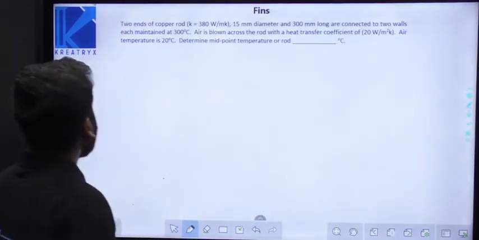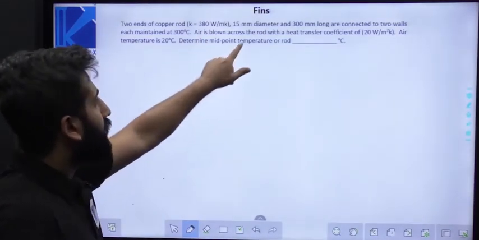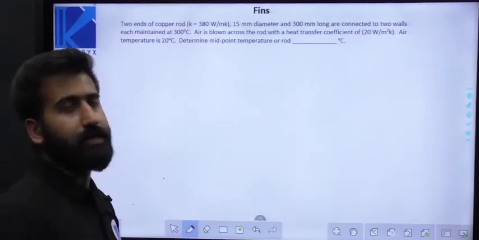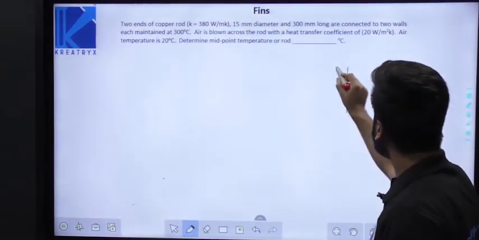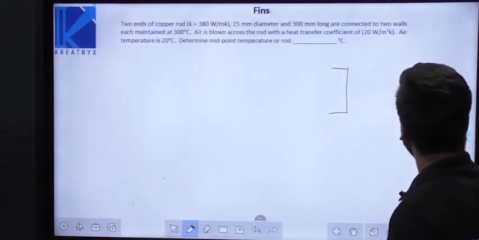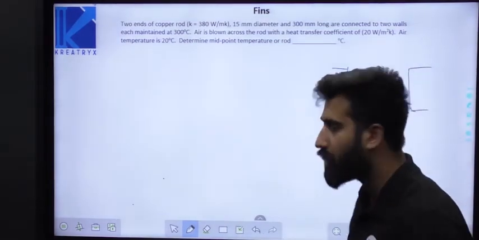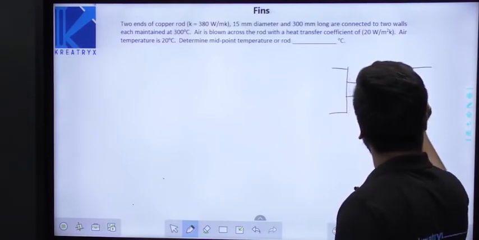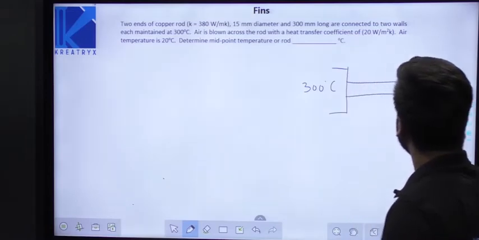So two ends of a copper rod, K is given, diameter is given, and length is given, are connected to two walls, each maintained at 300 degrees Celsius. Draw the schematic diagram. This is a wall, suppose. This is also a wall. So it says that both the ends of the copper rod are connected to two walls, and both the walls are maintained at 300 degrees Celsius.